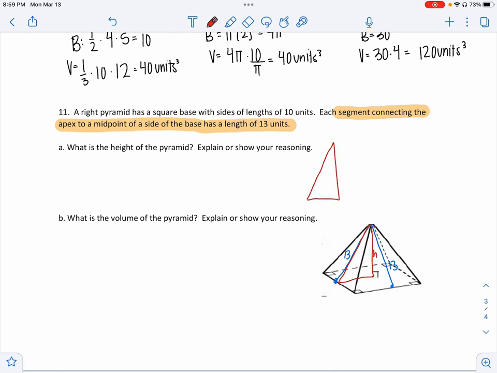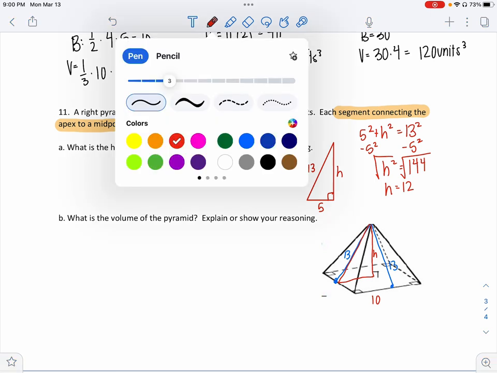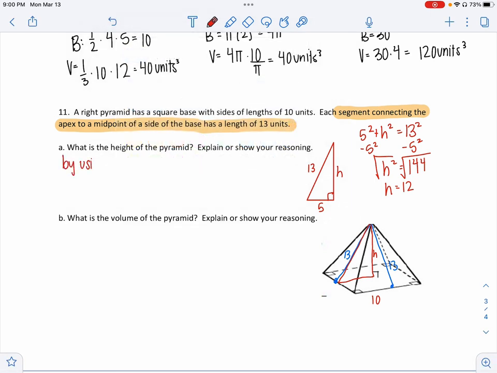So if I redraw that right triangle, since I know that these side lengths are 10, I know that half of that is going to be 5, and we're finding the height. So using Pythagorean theorem, I know that 5 squared plus the height squared is going to equal 13 squared. This is a Pythagorean triple, so the height squared equals 144, and so the height is going to equal 12.